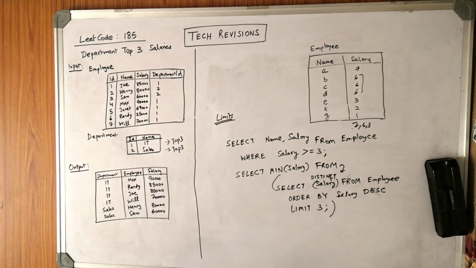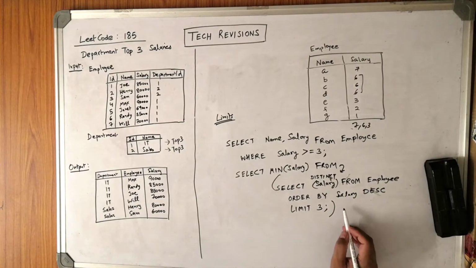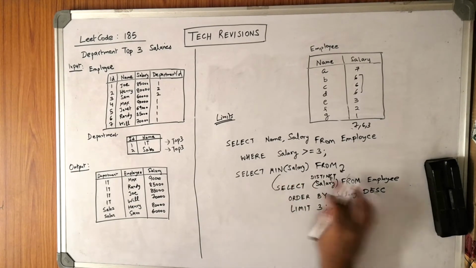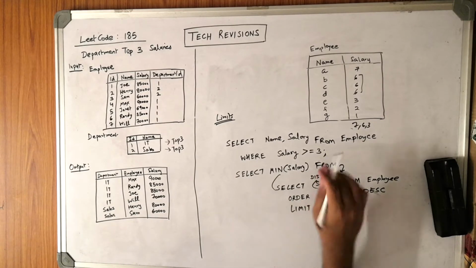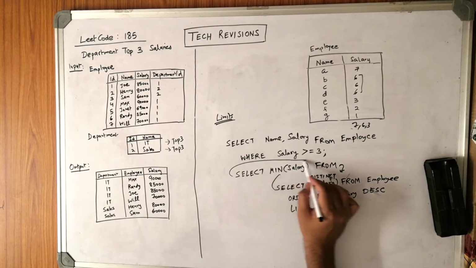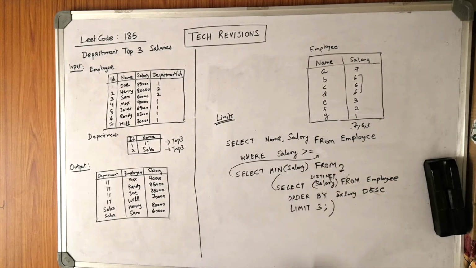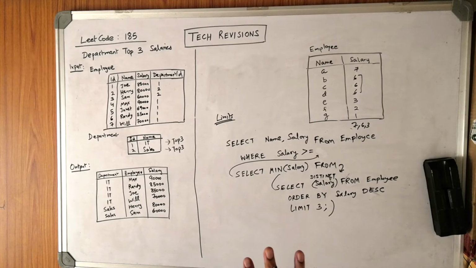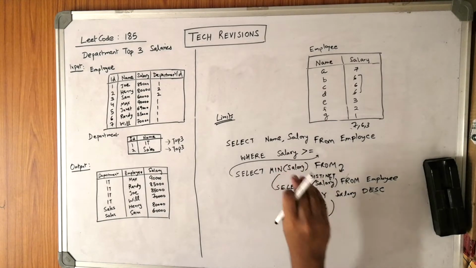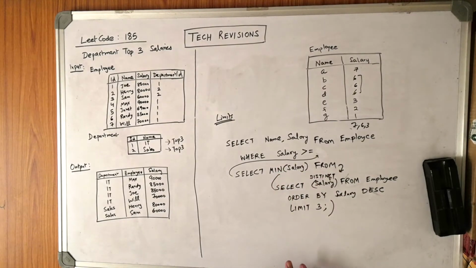When I do this, I will get the output as 3, and this I can put over here. So I remove 3 and I can just put this here. This SQL will give you the list of people who are earning the top 3 salaries from the employees table.